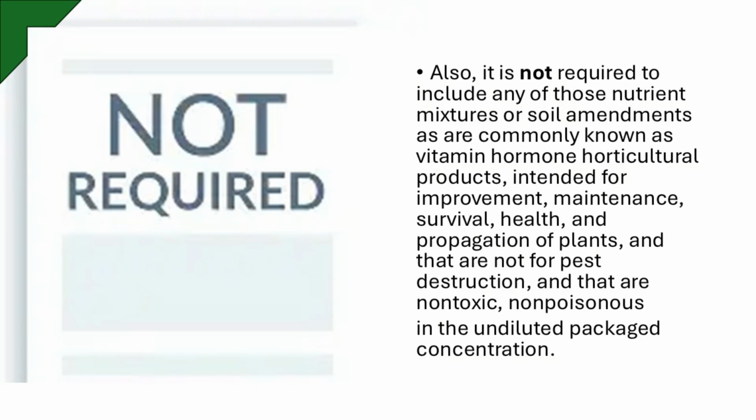Also, it is not required to include any of those nutrient mixtures or soil amendments, as are commonly known as vitamin, hormone, horticultural products, intended for improvement, maintenance, survival, health, and propagation of plants, and that are not for pest destruction, and that are non-toxic, non-poisonous, in the undiluted, packaged concentration.